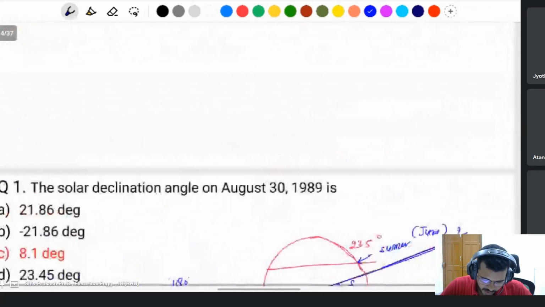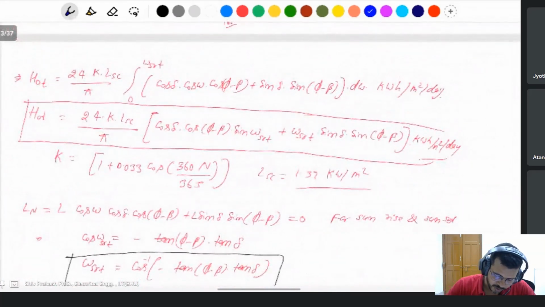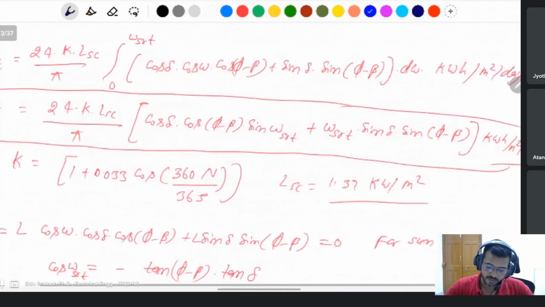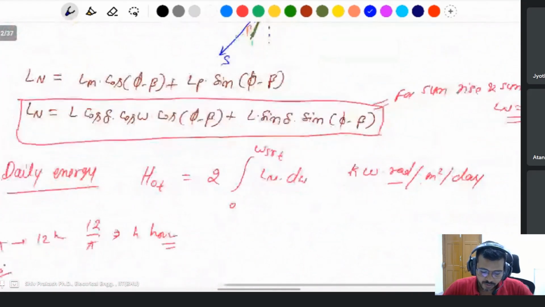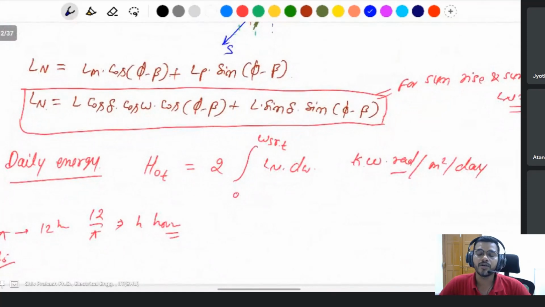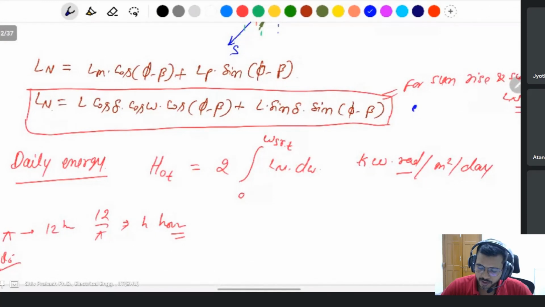We know about this calculation. That calculation we find this one. This is the insolation power. This will be watt hour per meter square or kilowatt hour.